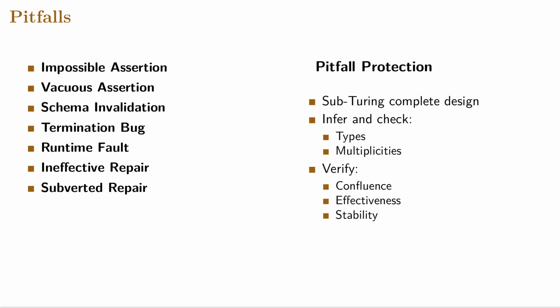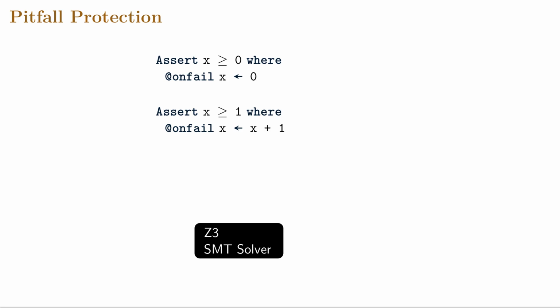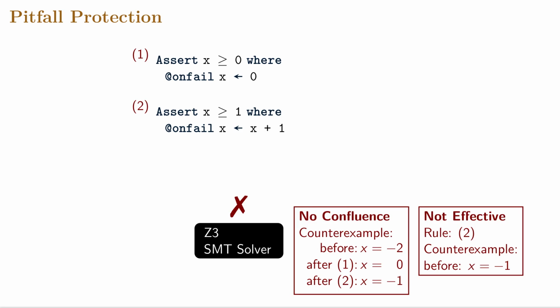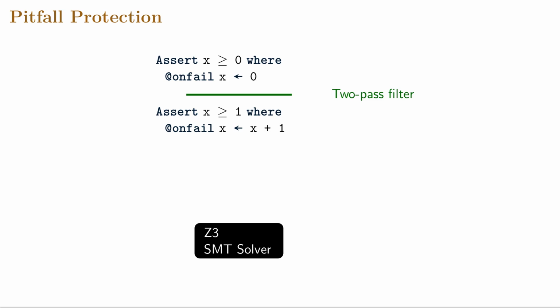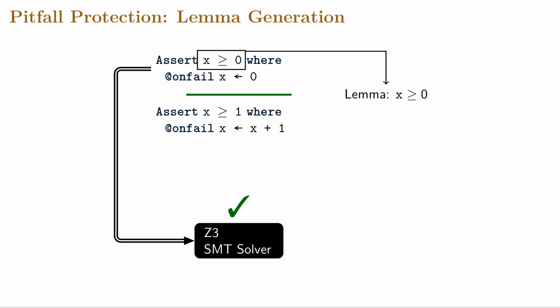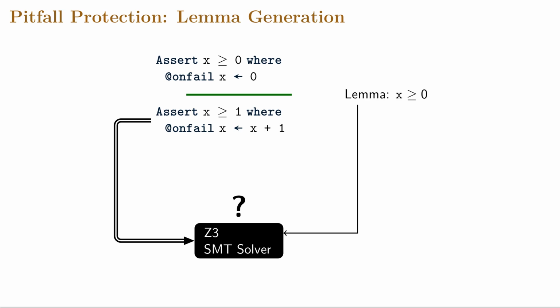For that, we use a sub-Turing complete language design, general type and multiplicity inference, and a verification approach based on SMT solving. Now, in the interest of time, I'm not going to show you in too much detail how the verification process works, just to point out briefly that our system is able to extract while verifying not only counterexamples, but also different kinds of lemmas from existing assertions that it can then use to prove other assertions later on, especially when these run one after each other.